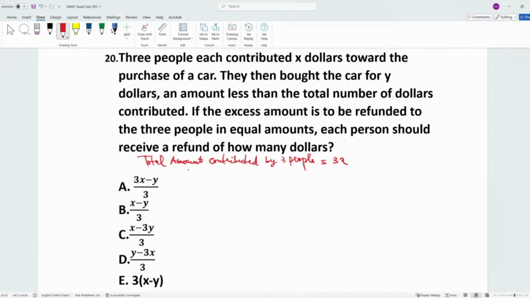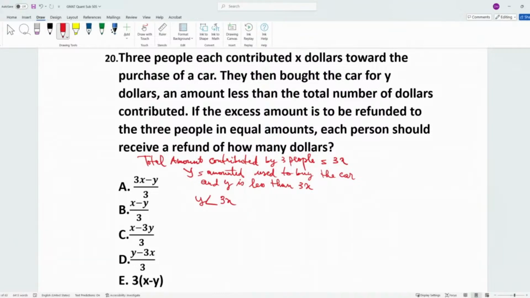Okay. Y is the amount used to buy the car, and Y is less than the total amount contributed, less than 3x. So Y is less than 3x, like this.